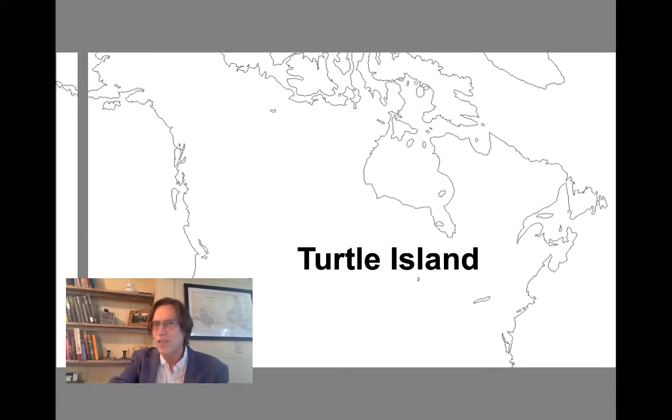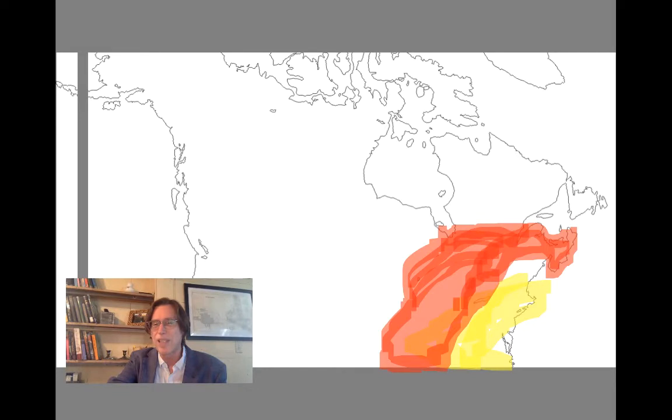I want us, for at least today, but hopefully for a little while longer, to think about North America as Turtle Island. When we look at European-made maps from this time period, we'll see something more like this. Now, forgive the crudeness of this map. I just colored this in. But roughly, you might see a map that showed New France, that territory.